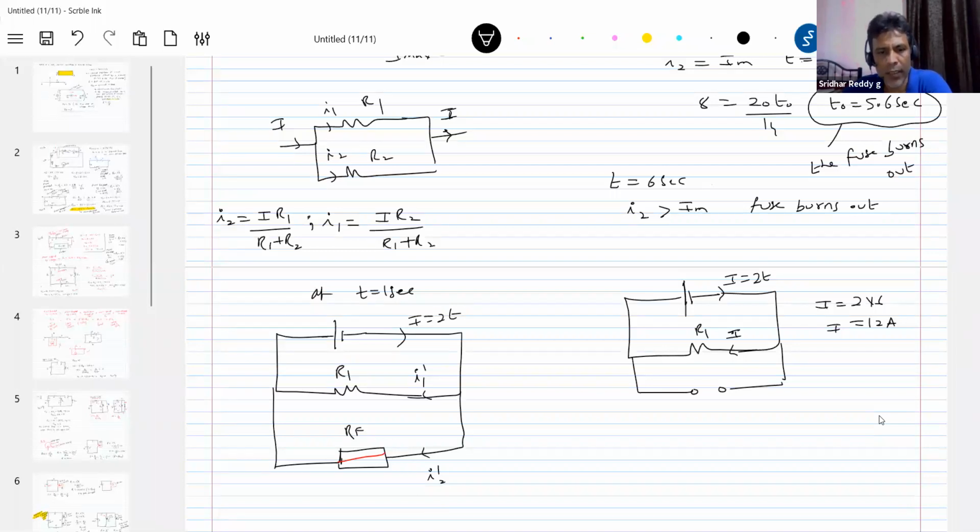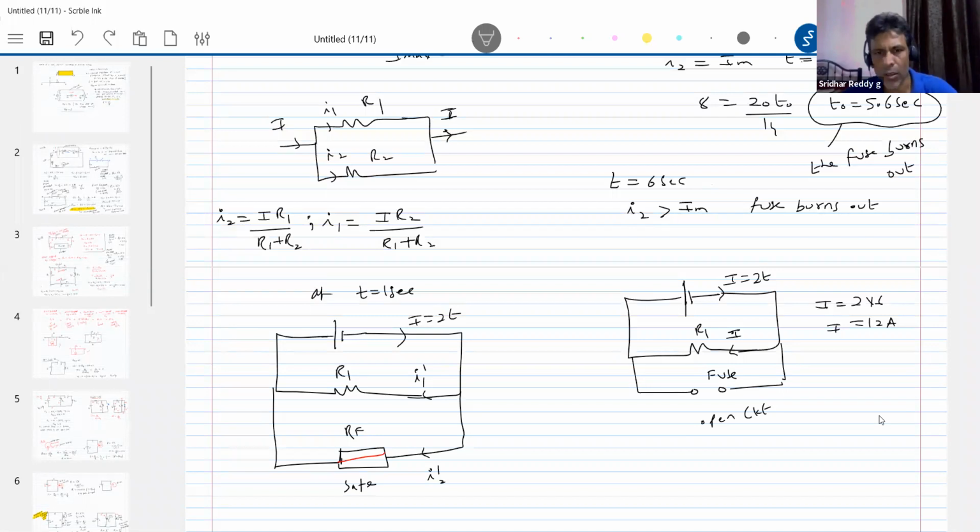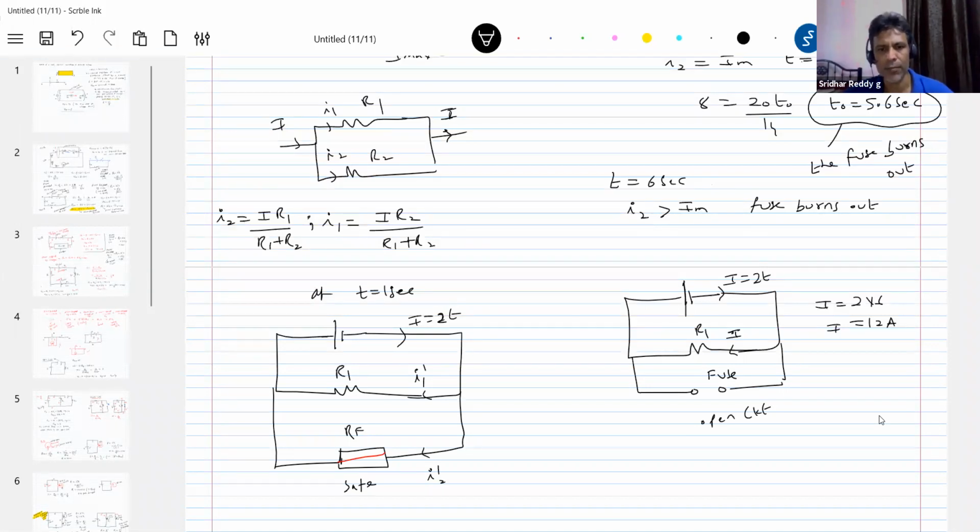The fuse will be safe. In place of the fuse, you don't write an open circuit. Got the idea? So different types of numericals will come. Just stick to the basics: KCL, KVL, series, parallel. Nothing big, no new ideas will be there. Everything will just revolve around the basic formulas you learned.